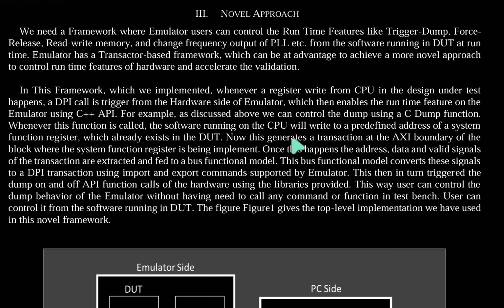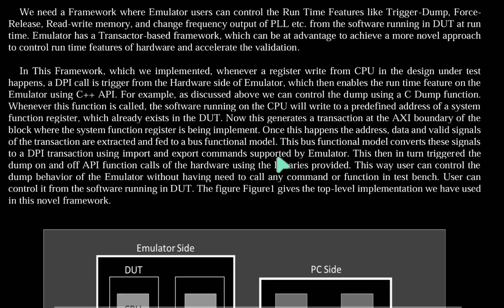Now this generates a transaction at the AXI boundary of the block where the system function register is being implemented. Once this happens, the address, data, and valid signals of the transaction are extracted and fed to a bus functional model. This bus functional model converts these signals to a DPI transaction using import and export commands supported by the emulator.